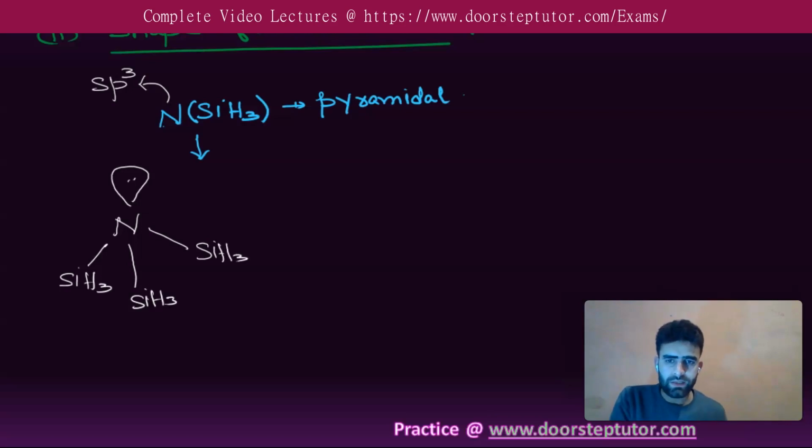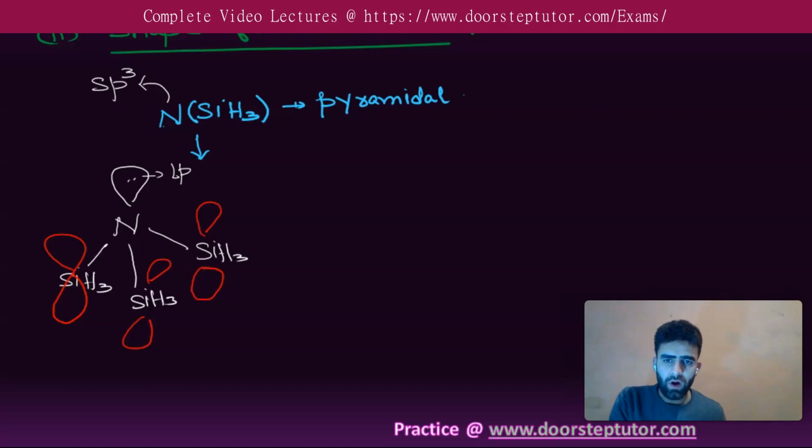But since this nitrogen contains a lone pair of electrons, and also in silicon we have an empty p orbital, here also in this silicon we have an empty orbital, and also in this silicon we have an empty orbital.